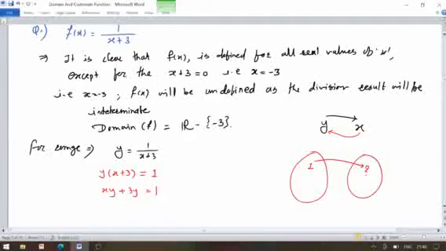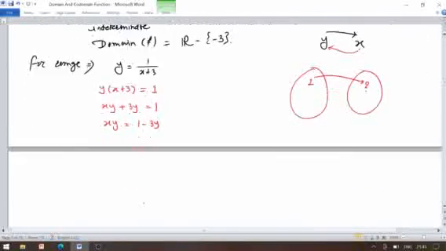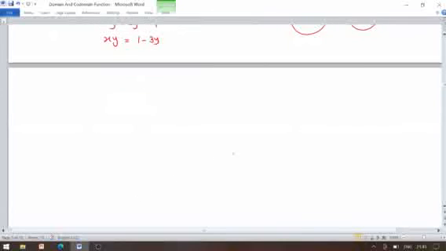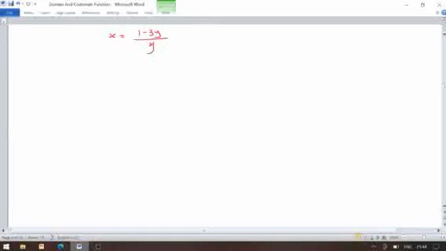Now we express x in terms of y. So keep the x variable on the LHS while shifting all other terms to the RHS. Thus x becomes 1 minus 3y divided by y.